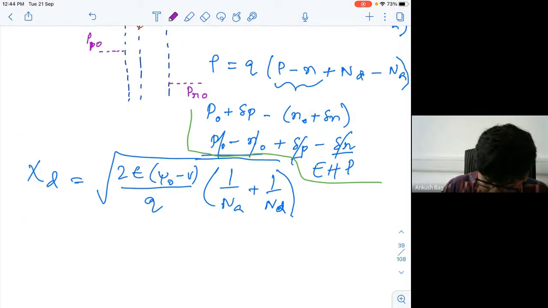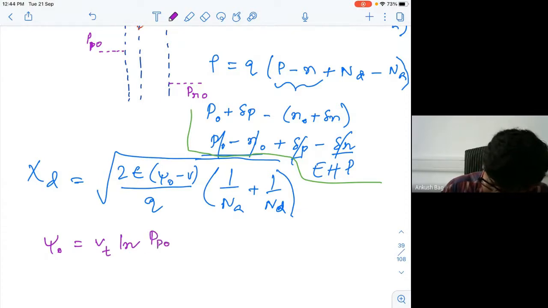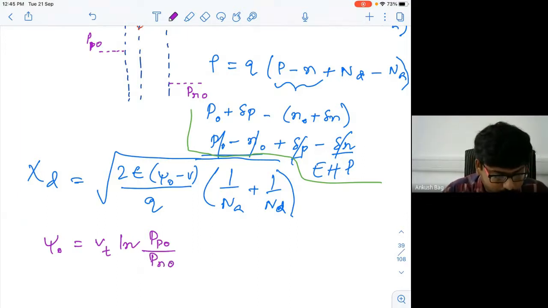So what is this Boltzmann approximation? In the last lecture we have seen: psi naught equals thermal voltage times ln of Pp0 divided by Pn0.